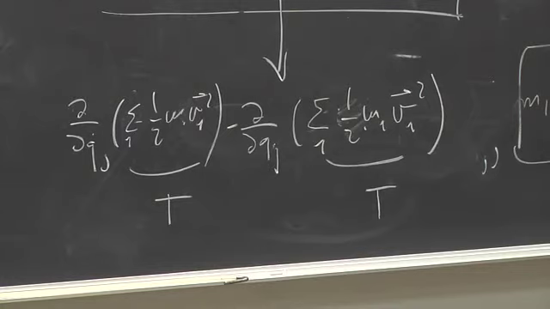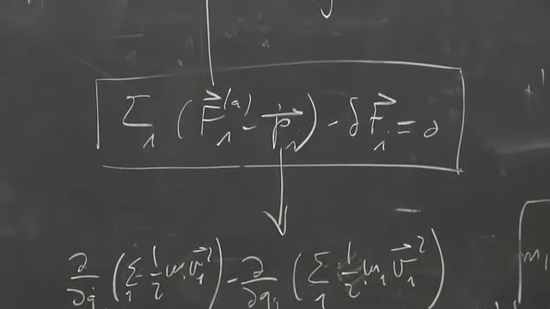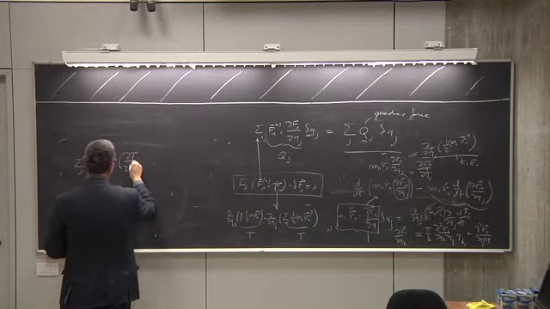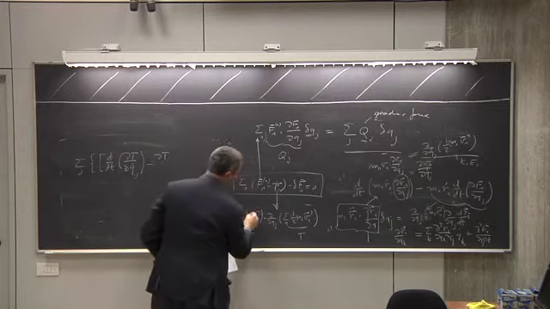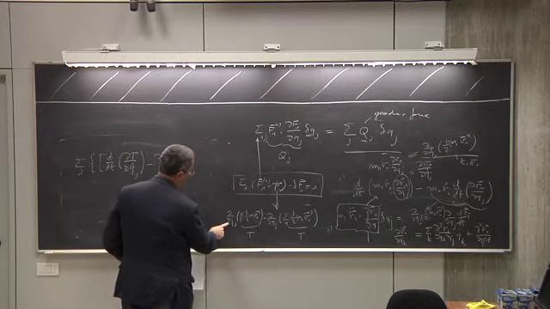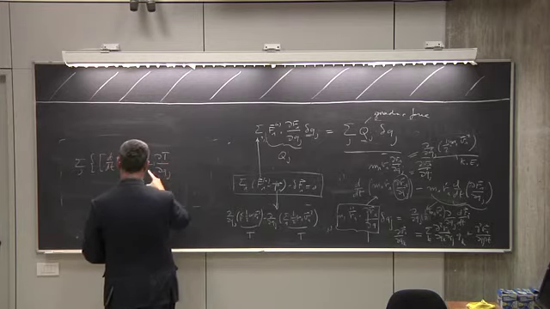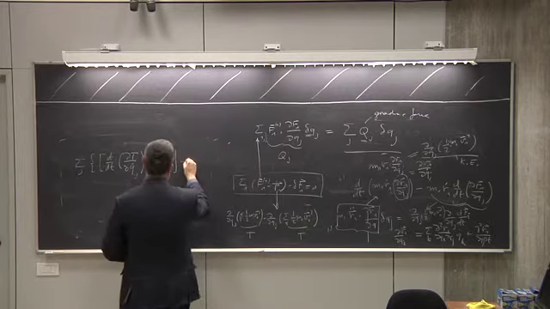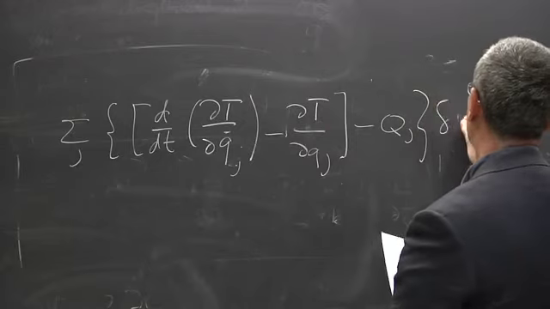So you see that I have d dt of the partial derivative of T with respect to q dot j, minus the partial derivative of T with respect to qj, minus the term with the force that I call Qj, all this stuff times delta qj.